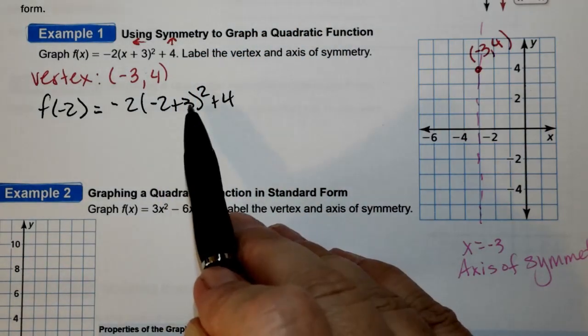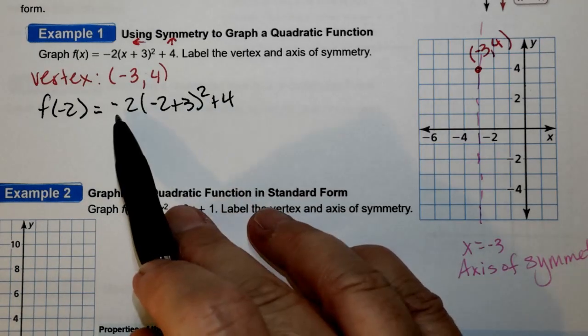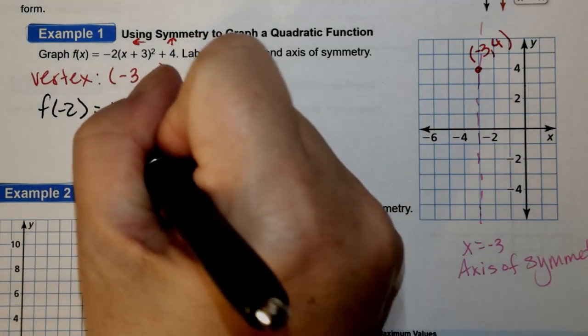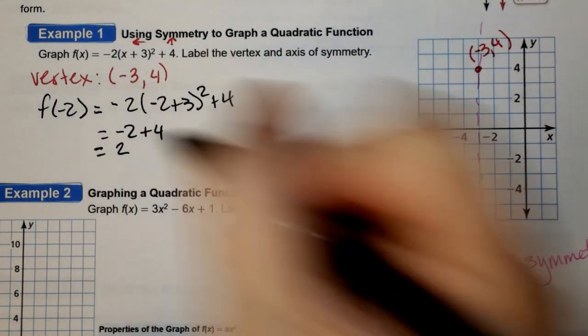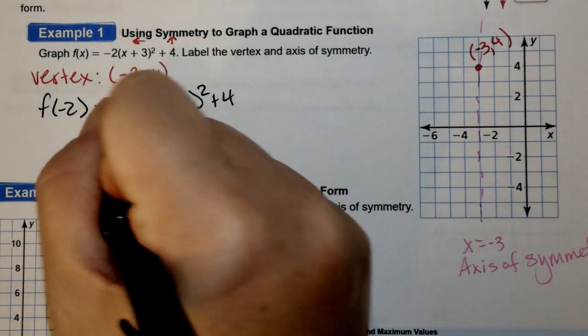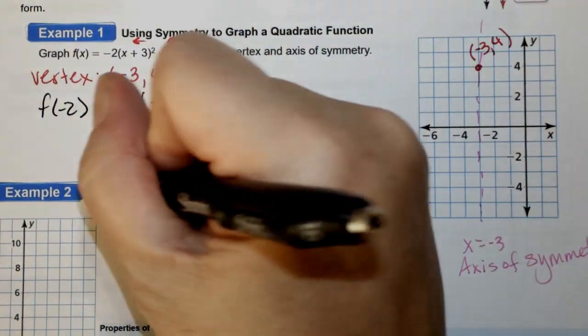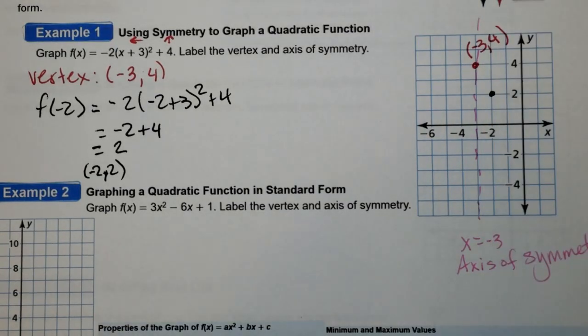So -2 plus 3 gives us 1. 1 squared is 1, and 1 times -2 is -2. Then -2 plus 4 is 2. So this tells us that the point (-2, 2) is on the graph.